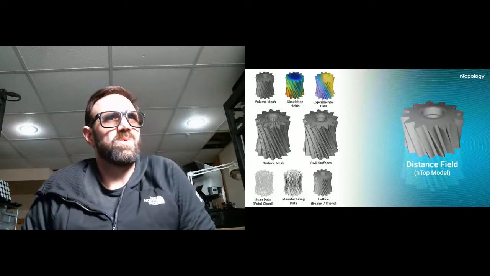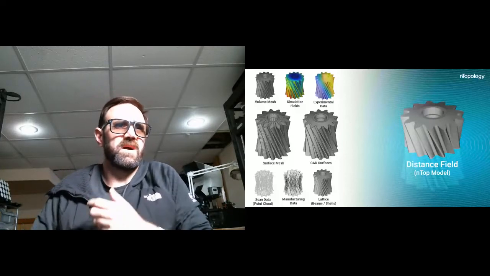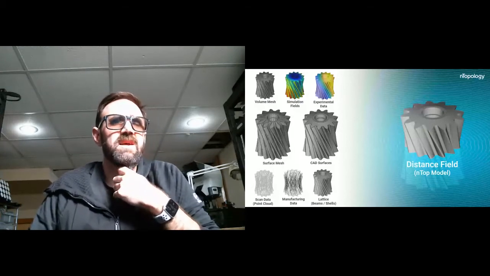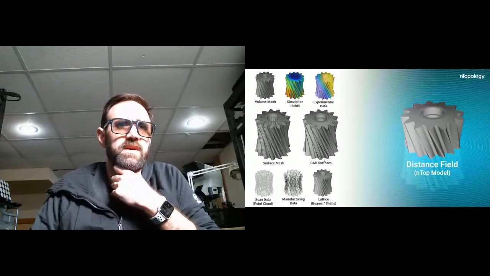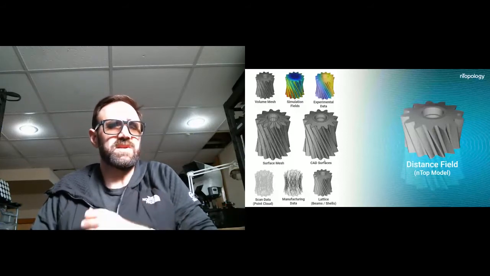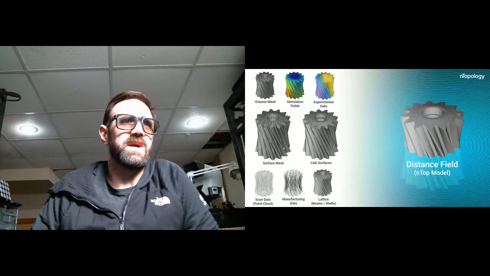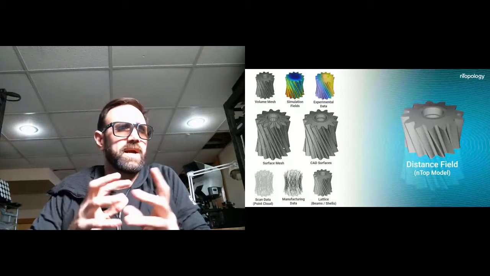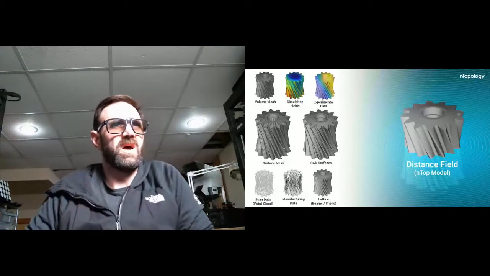The biggest difference from other data types is that we don't represent data as discrete parts or boundary representations, when you think of traditional CAD surfaces, or a surface mesh from an STL, a combination of triangles that form the outer geometry of your part.